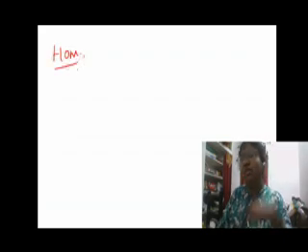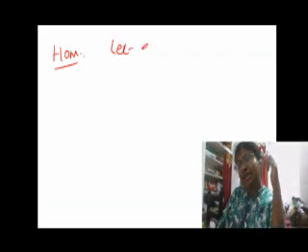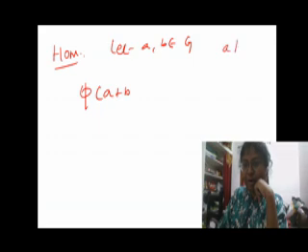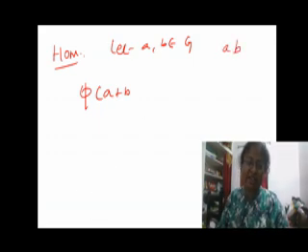Let A and B be in G. Let me talk about phi of AB. In G, let me have this operation be a product right now. Depending upon the operation, you can always change it, so whatever the operation of G is, you can put that operation in this place.